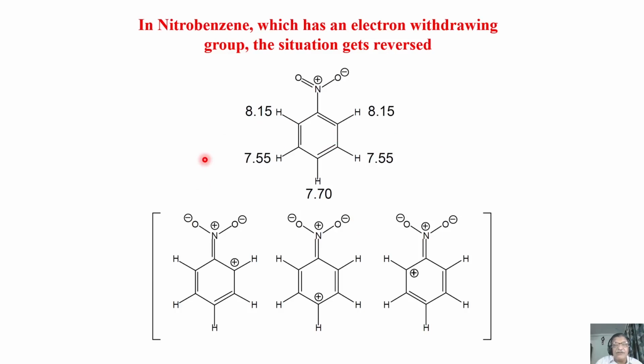As a consequence, these 2 protons move downfield, and this moves downfield, and these 2 move relatively high field compared to this. Again, there is a symmetry for this molecule. These 2 are equivalent, these 2 are equivalent, and this is different. So there are 3 different types of protons.